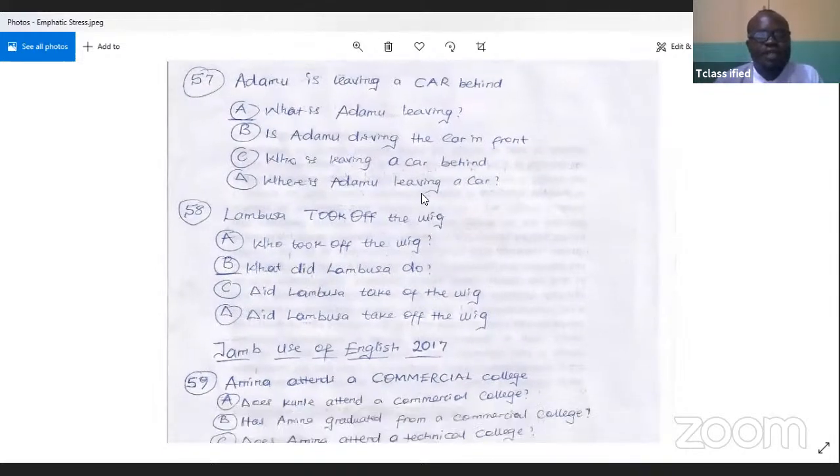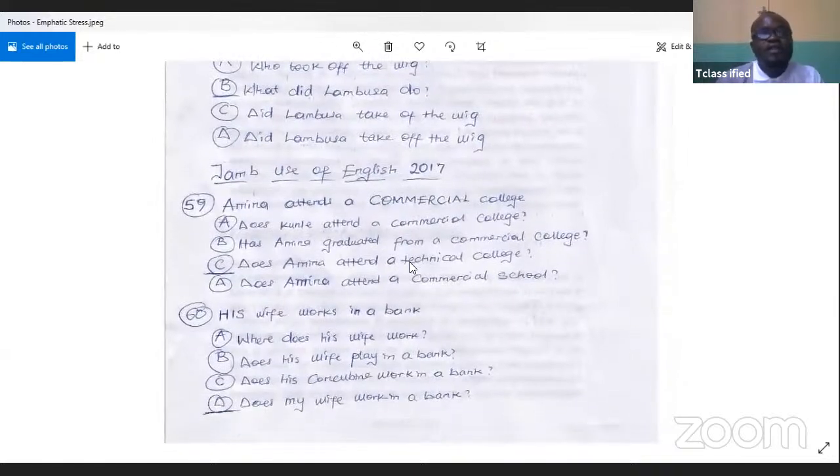Yeah, let's move down. Jamb Use of English 2017. Amina attends a COMMERCIAL college. The stress word there is commercial. Okay. So we're going to check through the options. We see where commercial is not existent or where it has been changed. So you can see option A, does Kunle attend a commercial college?